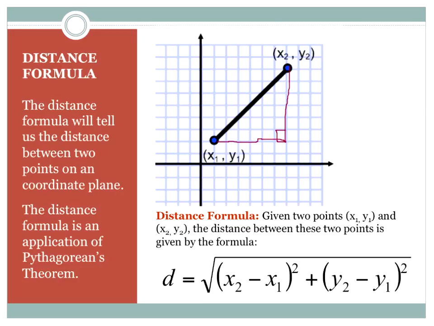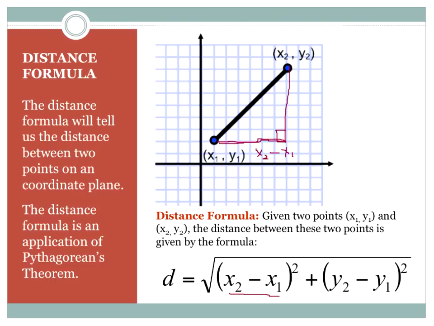Well, the side lengths then, our horizontal side length would be the difference in our x values. We would take our x2 value and subtract from that our x1 value.